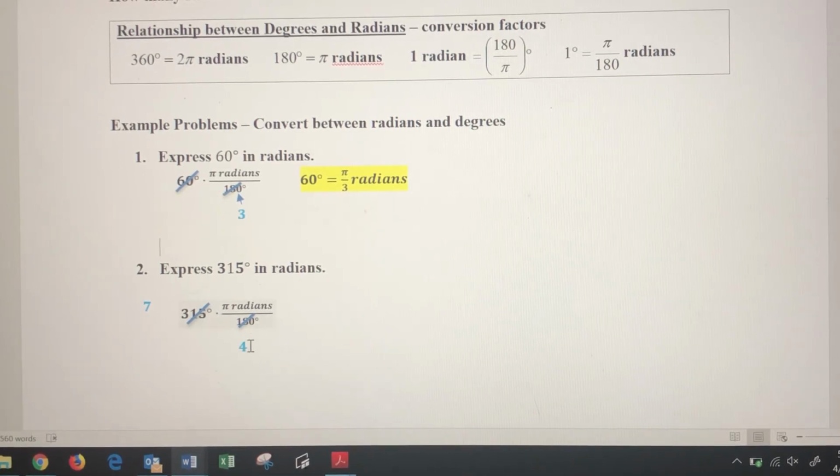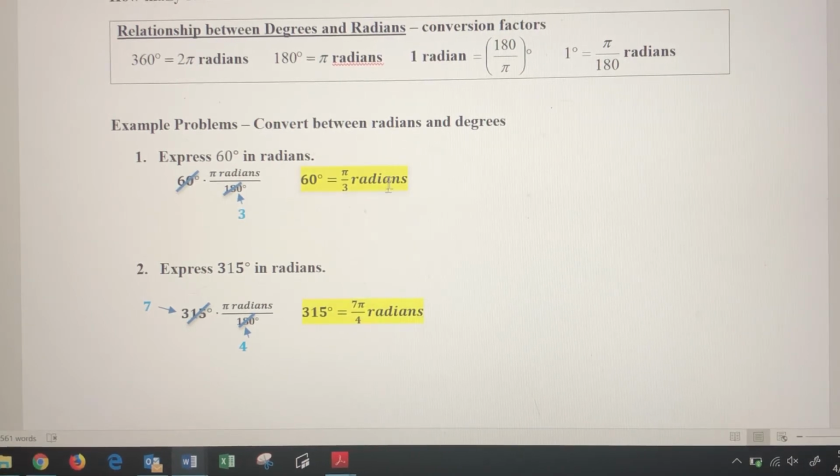If we divide 180 by 45, we get 4. My unit that's remaining is radians again. So 315 degrees is going to be 7 times pi, or 7 pi, divided by 4. So 7 pi over 4 radians.